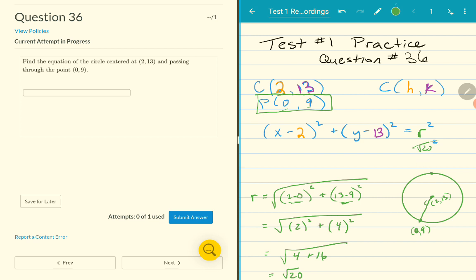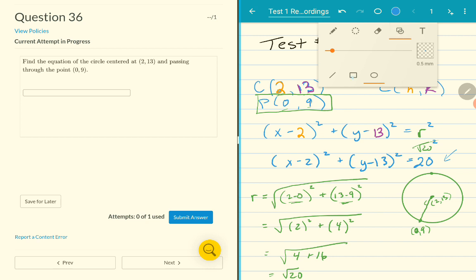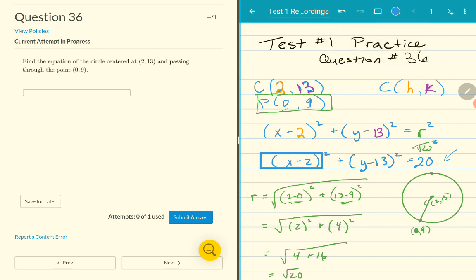So my final equation is (x minus 2) squared plus (y minus 13) squared equals 20. The 2 and the 13 are the center, and the r is the radius, but notice at the end of the equation I have radius squared. So there's my final answer.